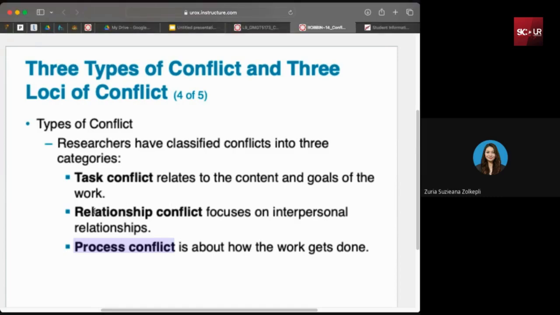Alright, and then next is relationship conflict. So relationship conflict is focused on the interpersonal relationship.